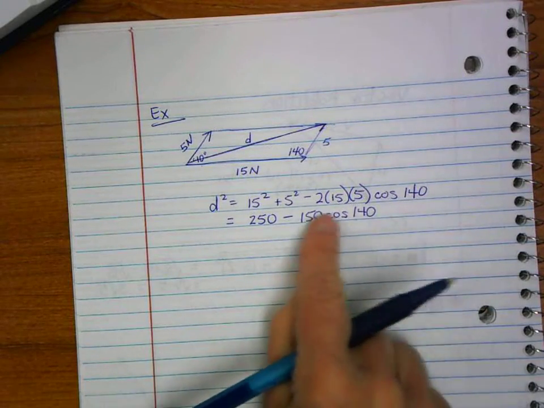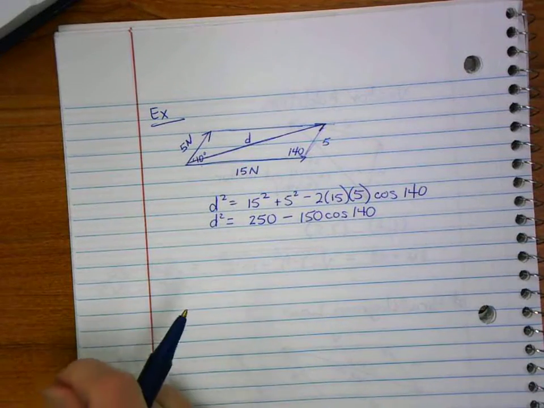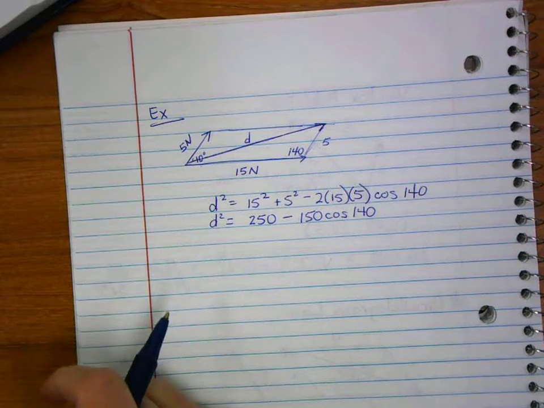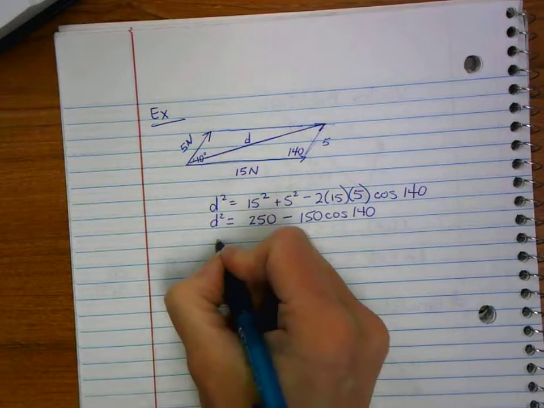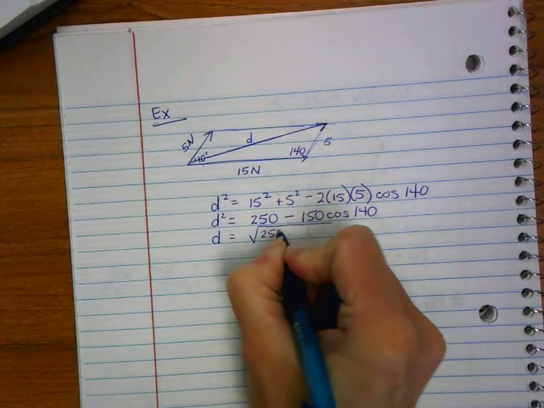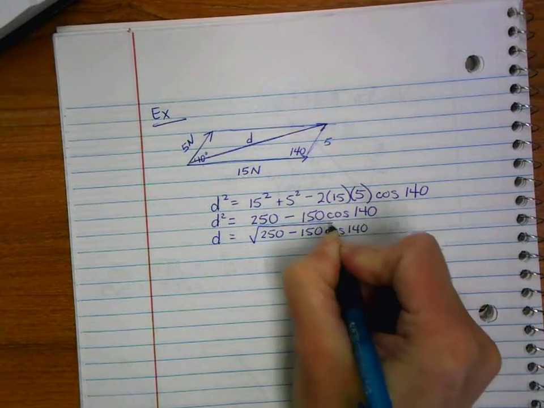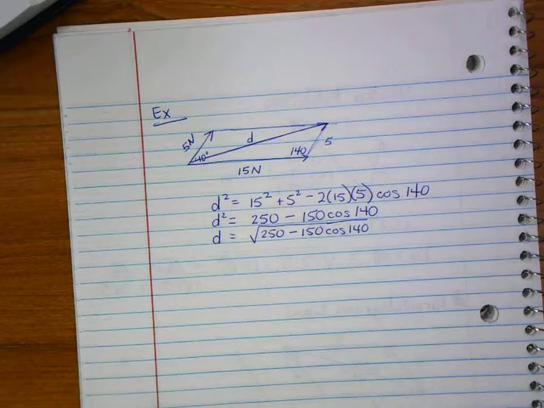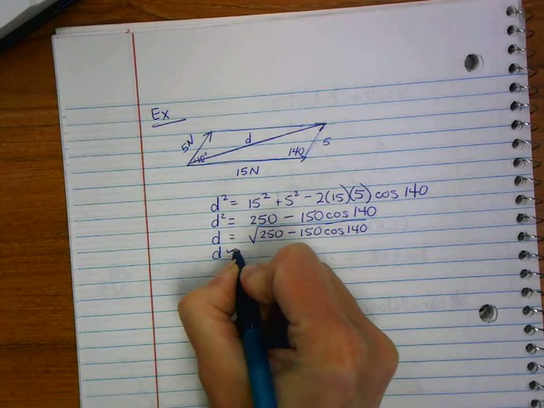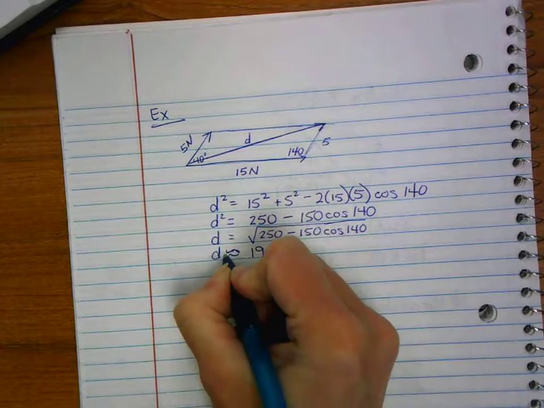We're going to have to do our multiplication here first before we subtract. And then I'm going to take the square root of this. And all of this I'm just going to put on my calculator. So when I put this on my calculator, I get that D is approximately equal to 19.1.